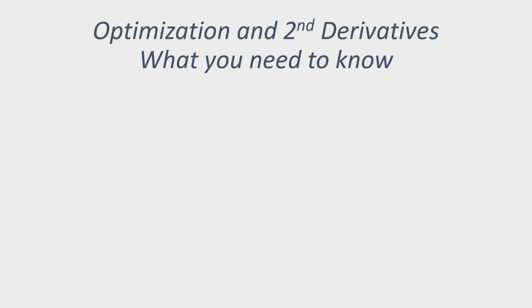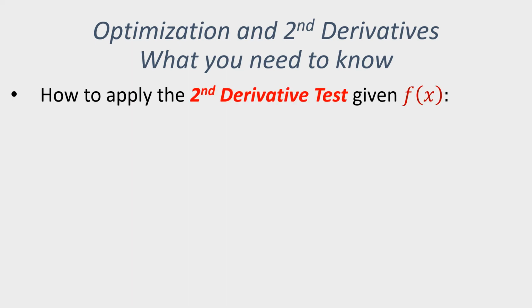I mentioned optimization. The key to optimization is this notion of the second derivative of a function. So what you need to know is how to apply the second derivative test to a given function. How do we do that? The first stage, you find the first derivative of the function.